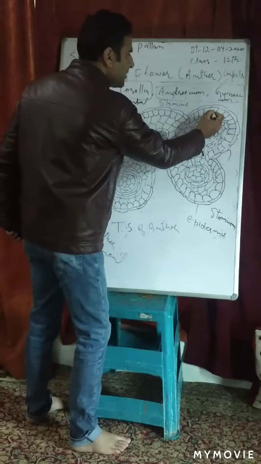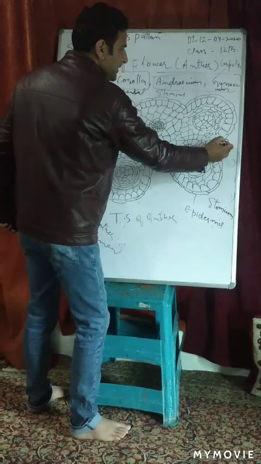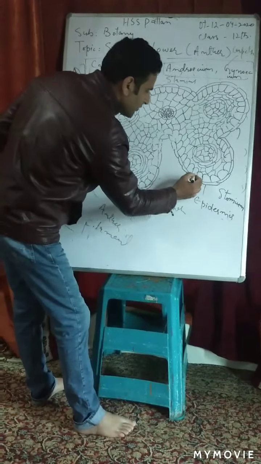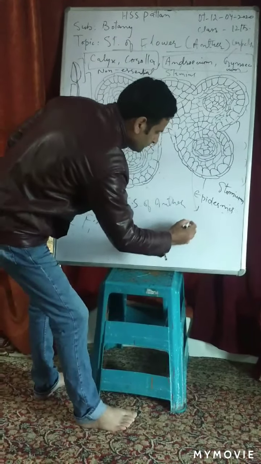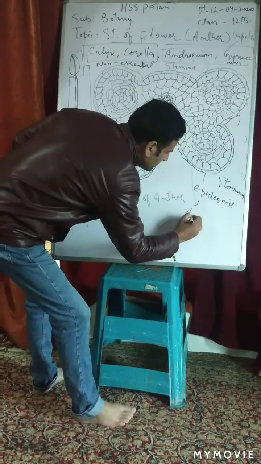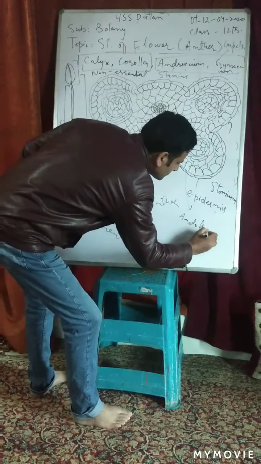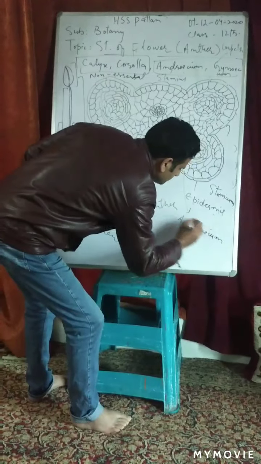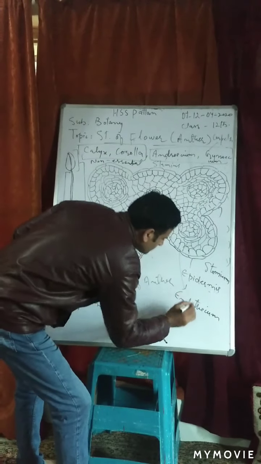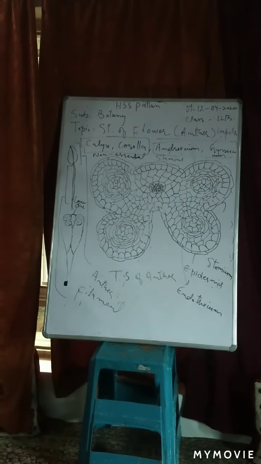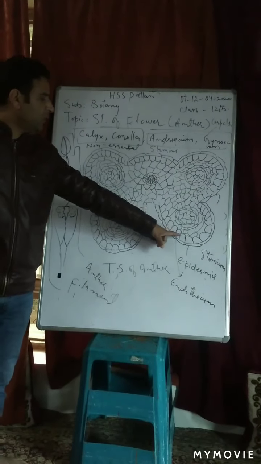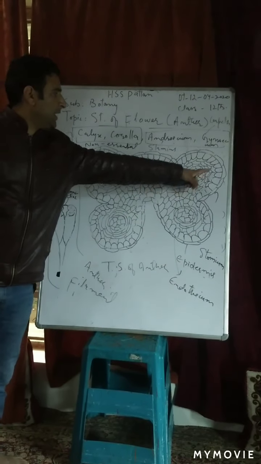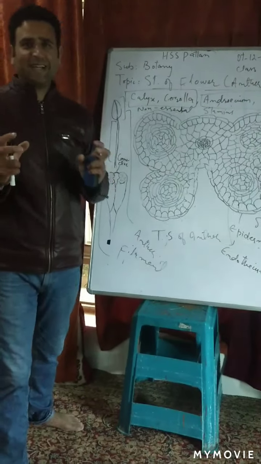Then there is another layer of cells inside this epidermis, called the endothecium. This endothecium is a layer of the microsporangium which is thicker in nature.